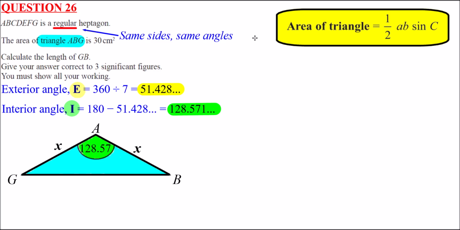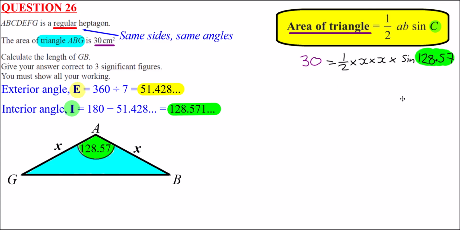We know the area is 30, we know angle C is 128.57. So if we plug this into the formula, 30 goes on the left-hand side, then half ab is half times x times x times sine of 128.571.